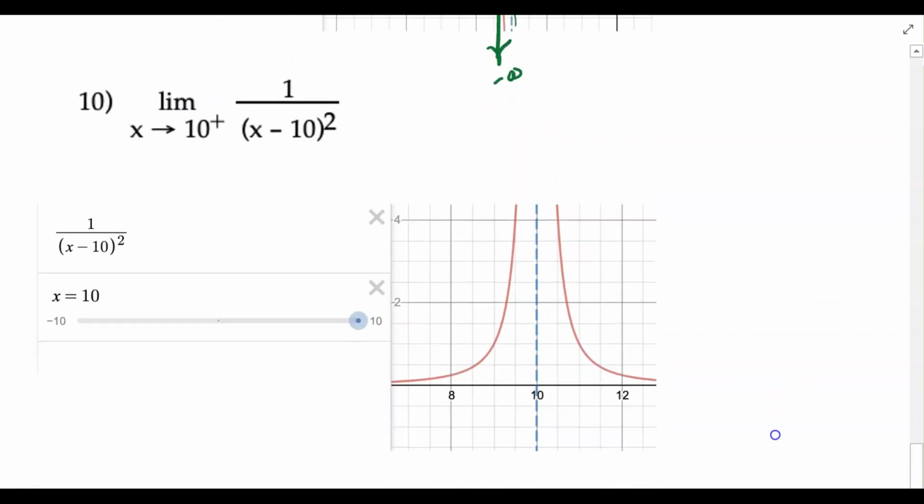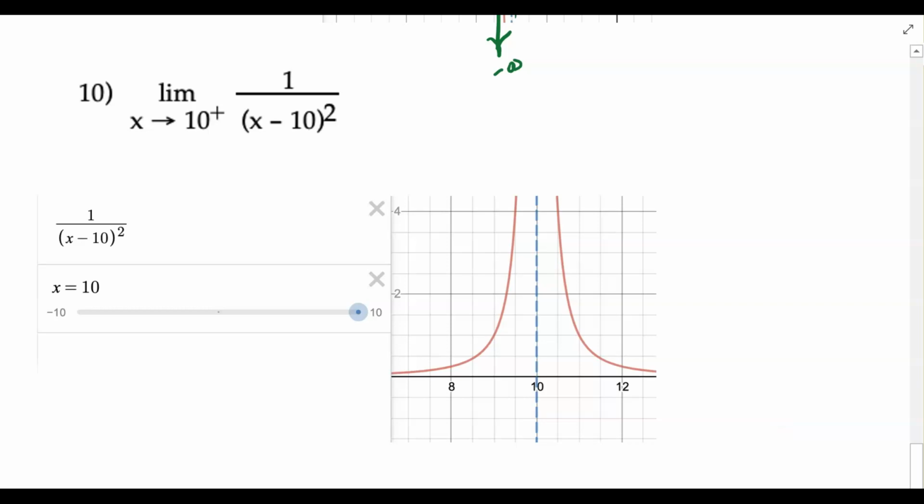Last one. As we approach 10 from the right, so here's 10, we're approaching it from the right. What's going on? It's shooting up towards positive infinity. So that's our answer for this one, positive infinity. But I want you to notice that as you approach 10 from the left, it's also shooting up to positive infinity.